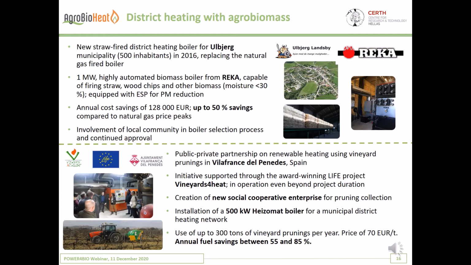A 500 kilowatt hazelnut boiler was used to fuel a small network of municipal buildings. And again, we have very good results in terms of fuel savings achieved, and I think you will hear more about this case in an upcoming webinar by Bio4Bio.